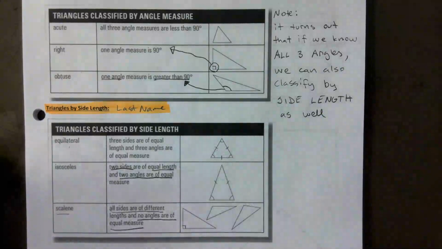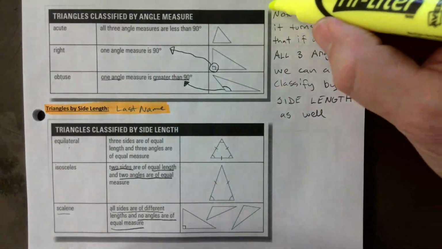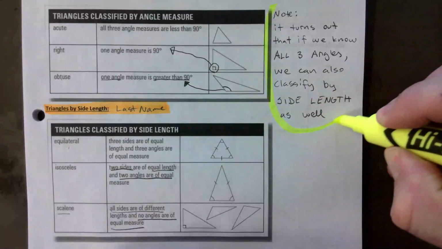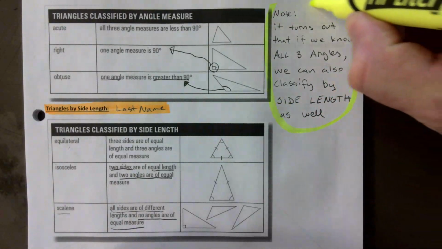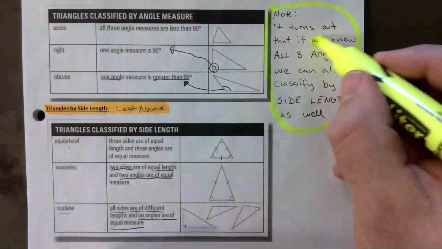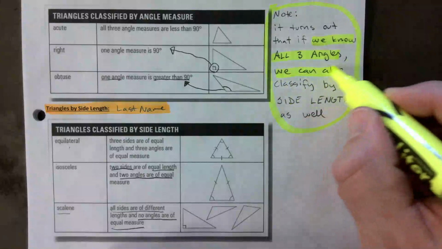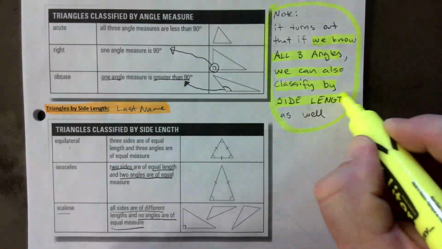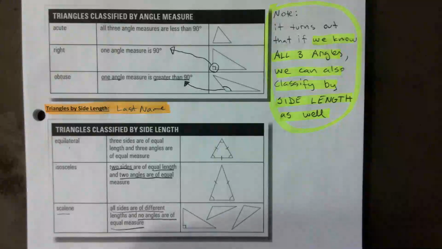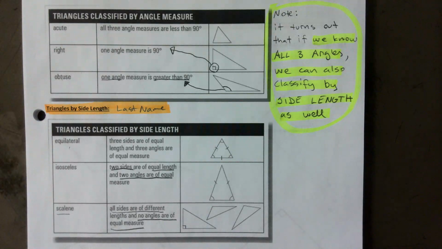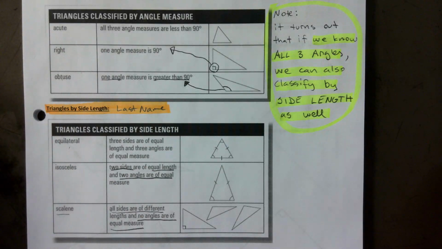This is a huge side note, which I would definitely add. Okay? If we know all three angles, we can also classify by the side length as well. You actually don't need to know a single side length number-wise if you know all three angles. I'll show you that in a bit as we go through the examples that follow.